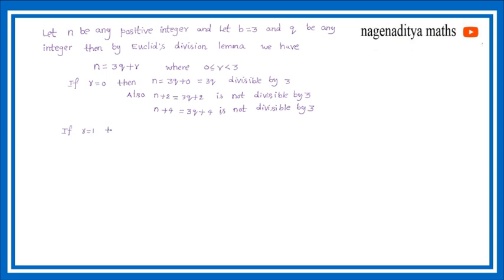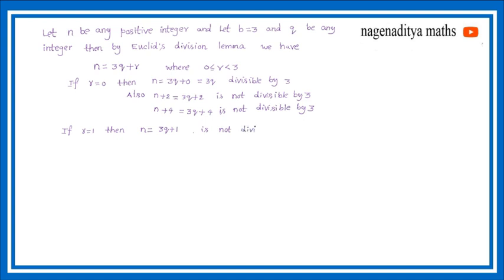then n is equal to 3q plus r, and r means 1, so n is 3q plus 1, which is not divisible by 3.